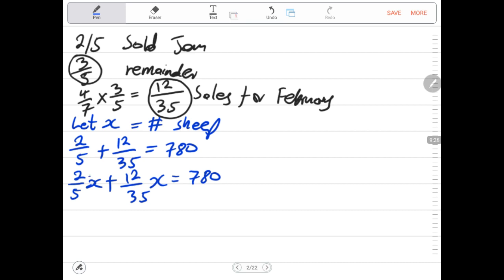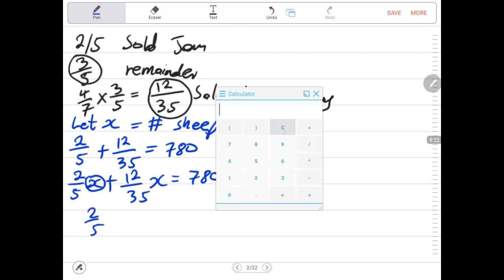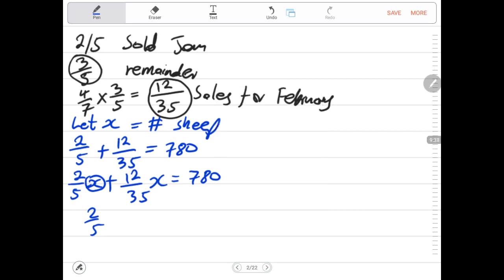I just wanted to put the fractions as they are before I put the x. The reason why we put x is because 2 over 5 times 100 is 40%. In other words, this 2 over 5 is indicating 40% of the sales. That means we are saying 40% times the number of sheep this farmer had.